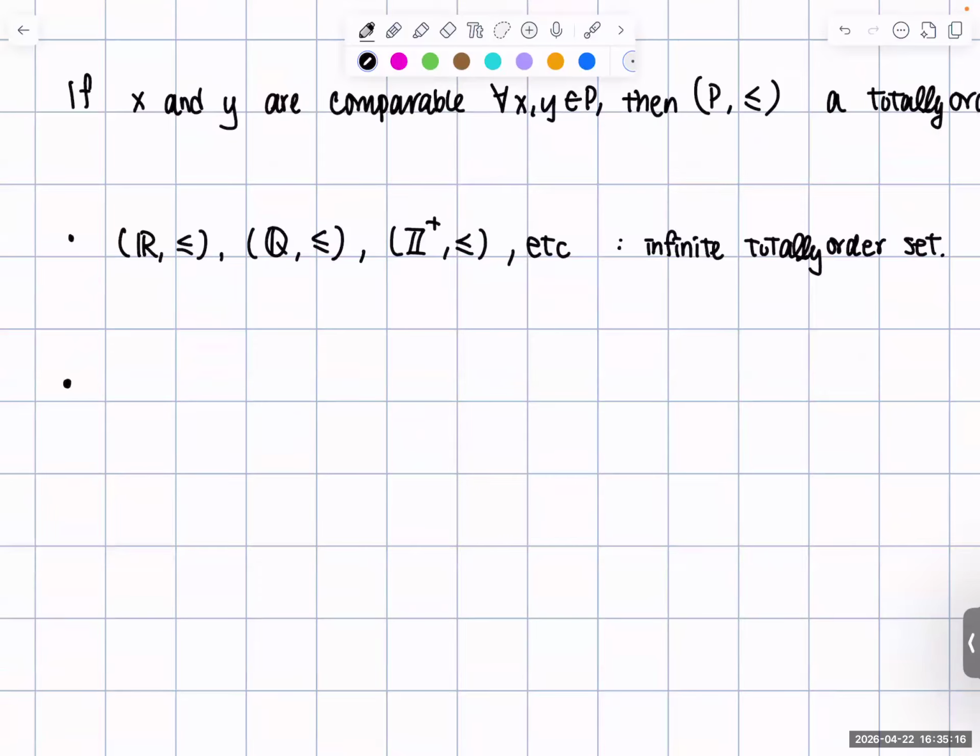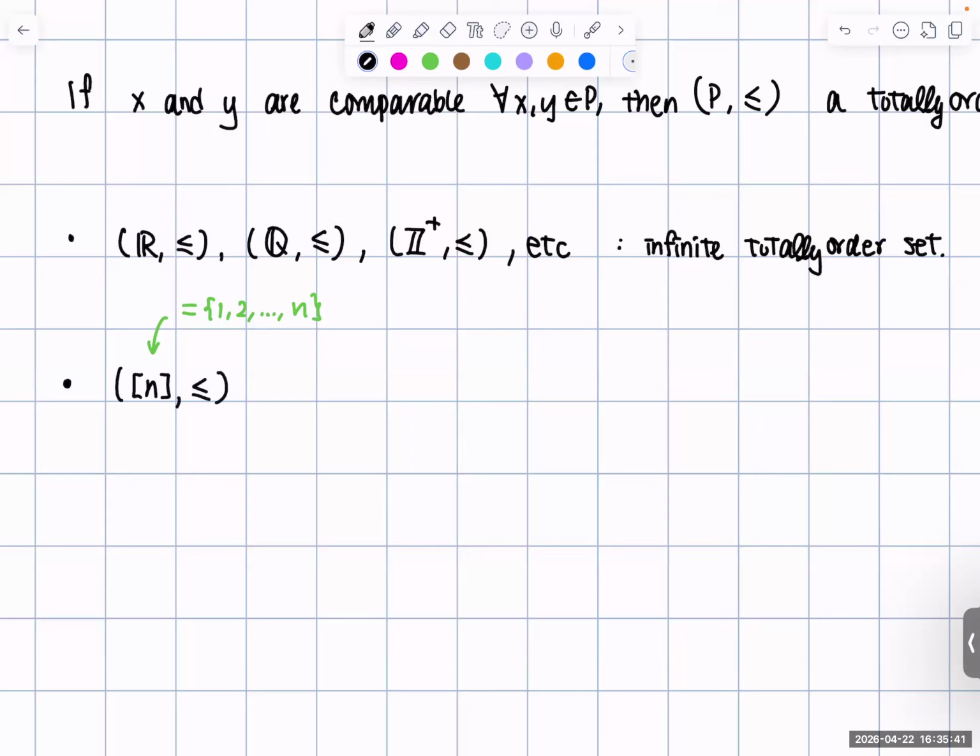Now let's look at something finite. For example, the set [n], which means 1 up to n. If I write [0], that's just the empty set, but usually I would not use this notation because [n] means positive n.